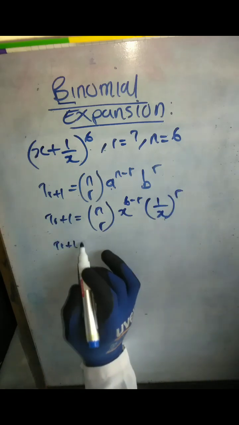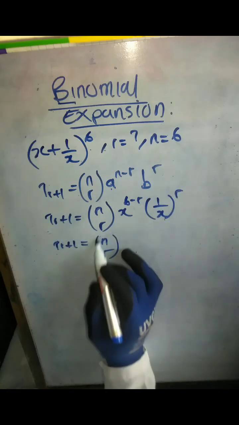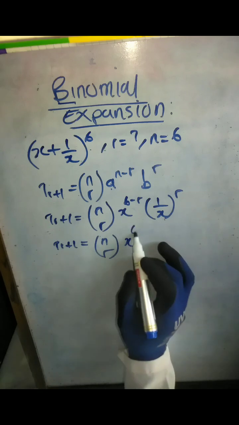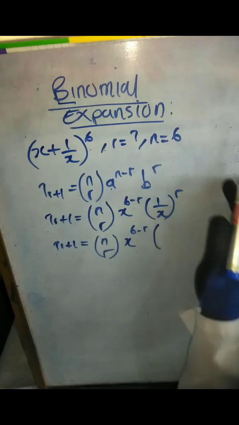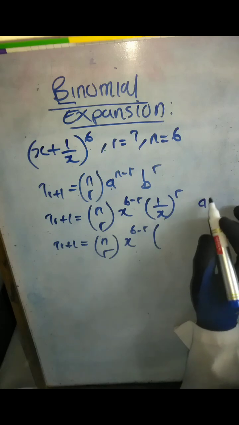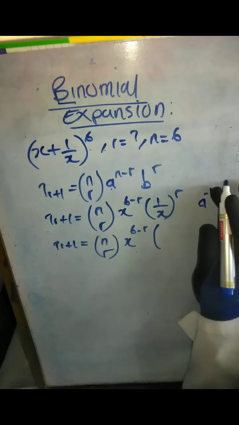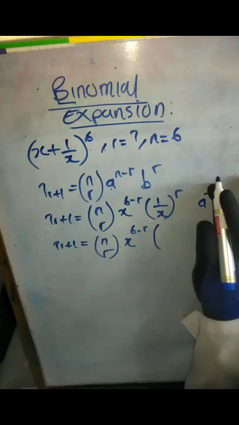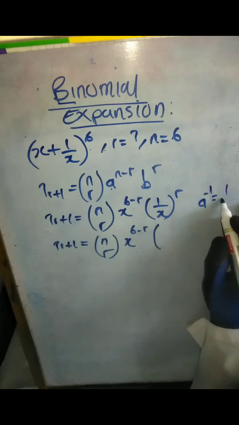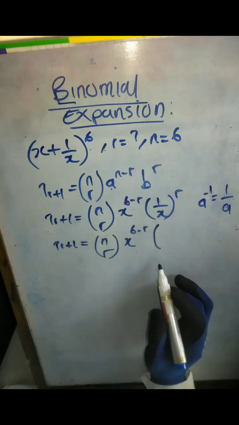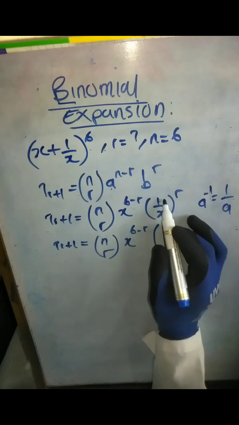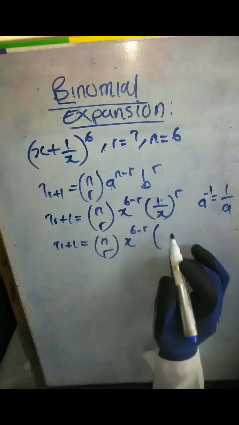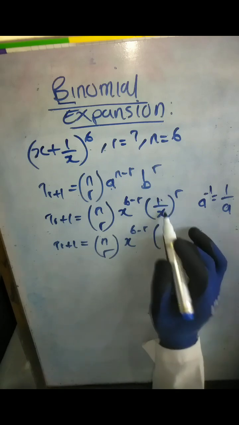So T r plus 1 equals n combined r, then we're going to have x to the power 6 minus r, then this other one here. According to the laws of indices, if you have a to a negative power, this is the same as 1 over a. So this is 1 over x, which can be written as x to the power negative 1, so the power of x becomes negative.